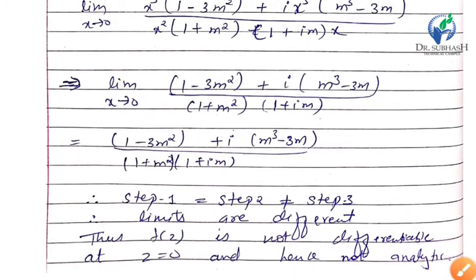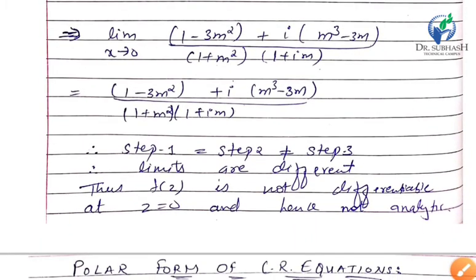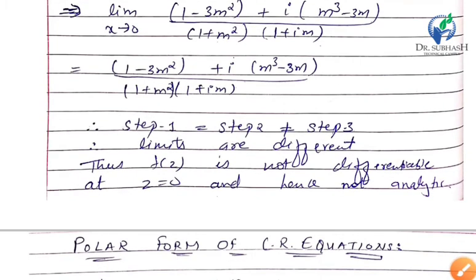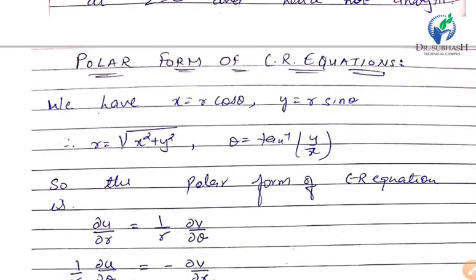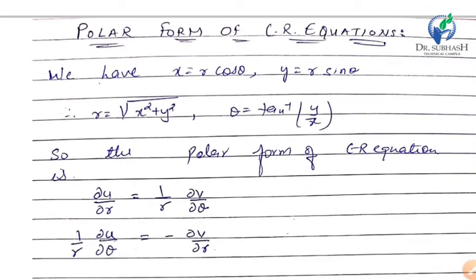So I can say that since step 1 equal to step 2 not equal to step 3, the limits are different, thus the function is not differentiable, and hence it is not analytic at z equal to 0. Okay, this was the examples based on the Cartesian form of complex numbers based on CR equation.